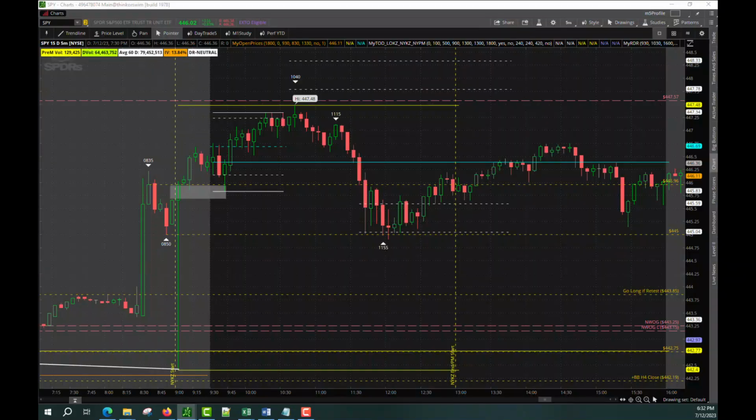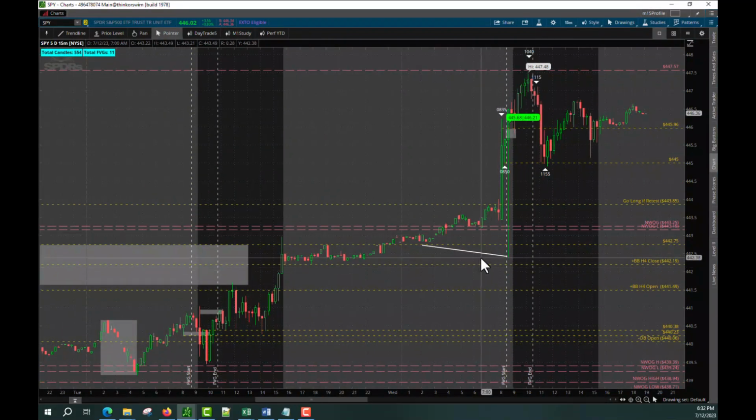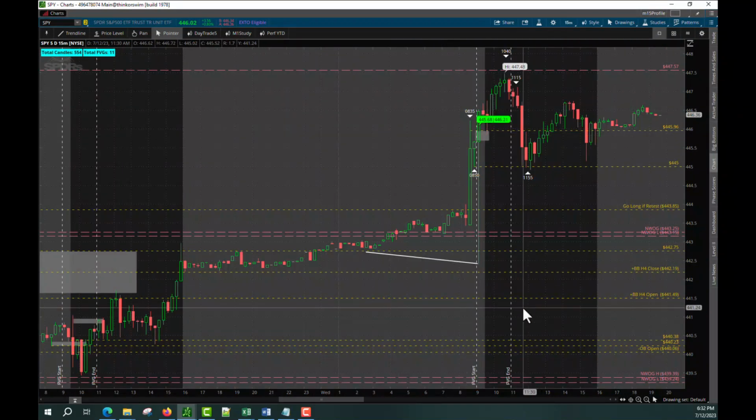Okay, here is the 15-minute time frame. You see anything? Oh yeah, I forgot to annotate right there.